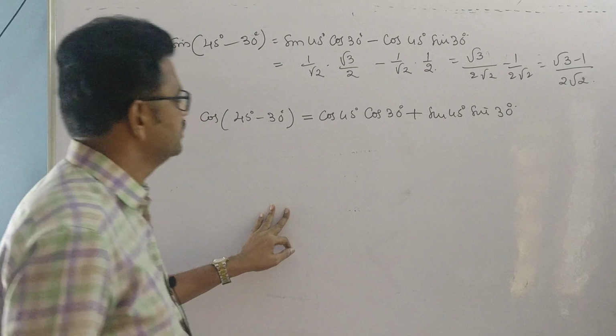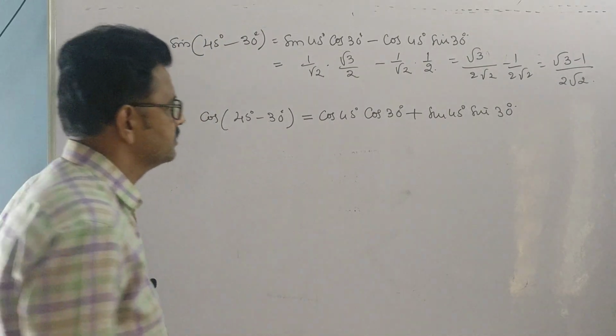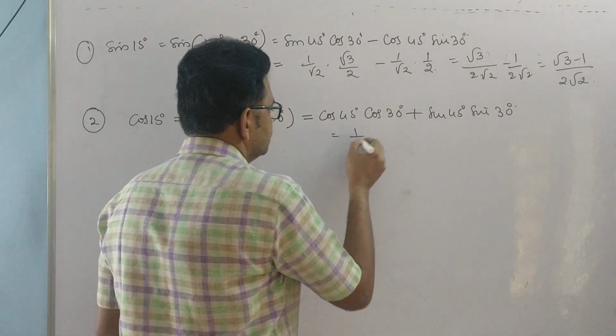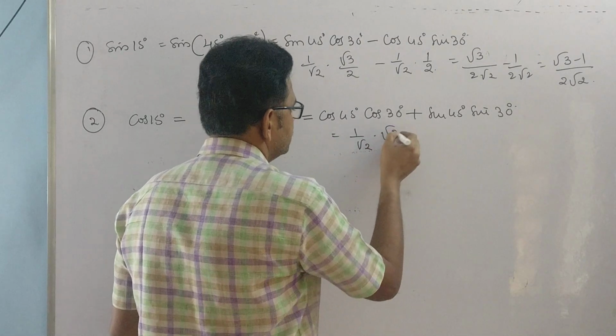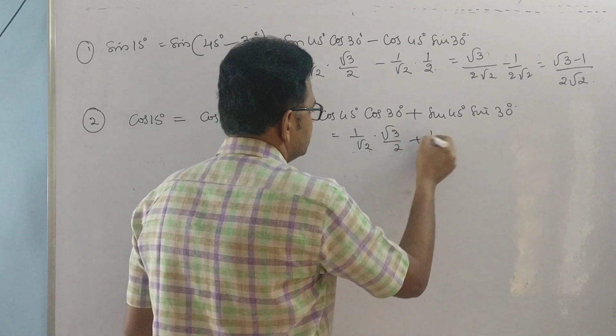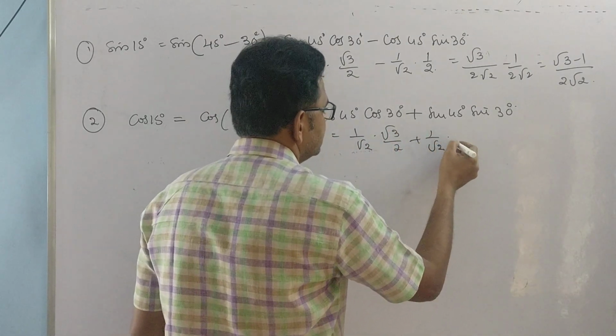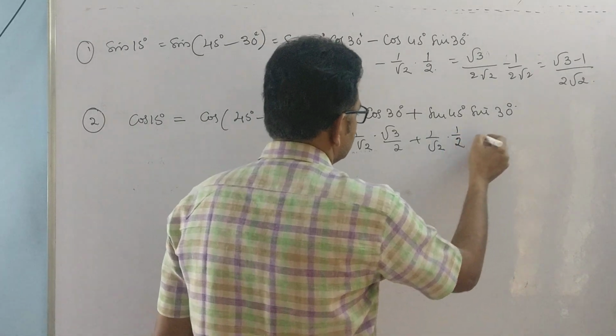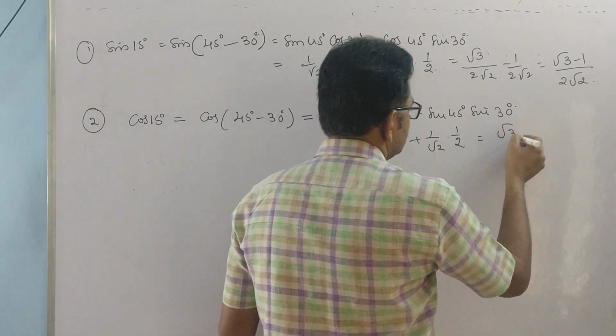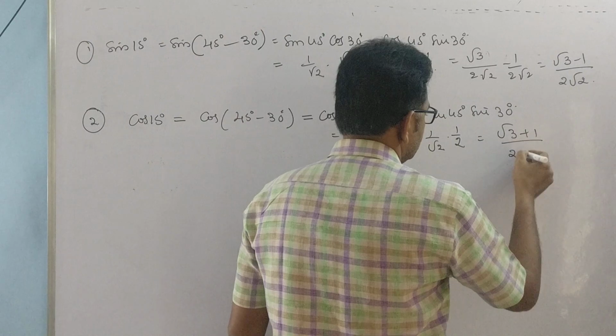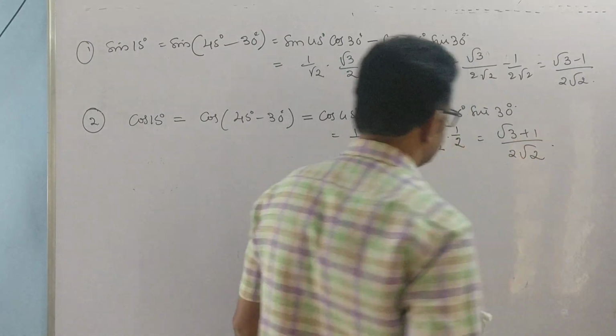So this is 1 by root 2 into root 3 by 2 plus 1 by root 2 into sin 30, which is 1 by 2. That is equal to root 3 plus 1 by 2 root 2.